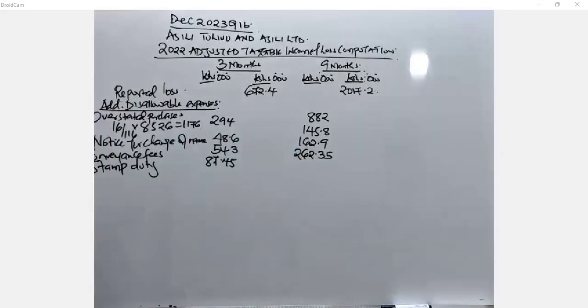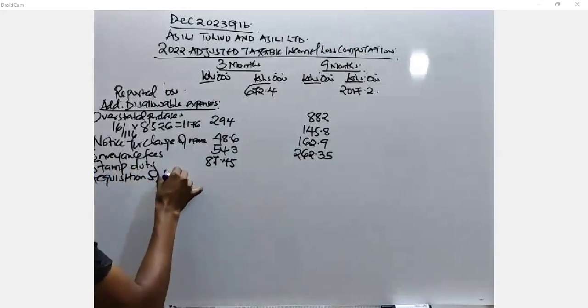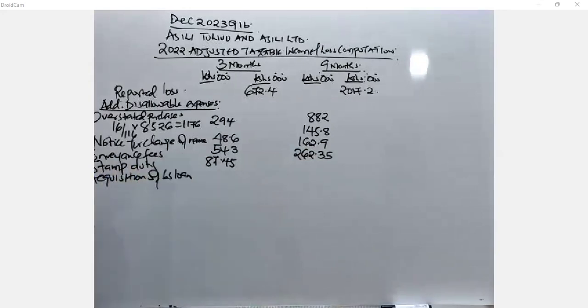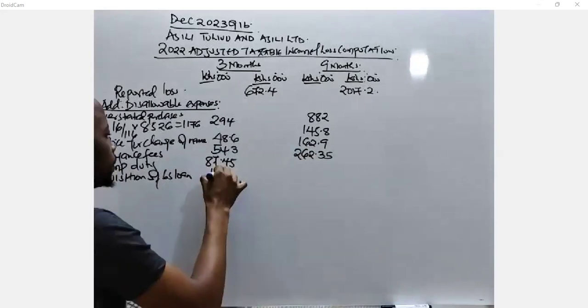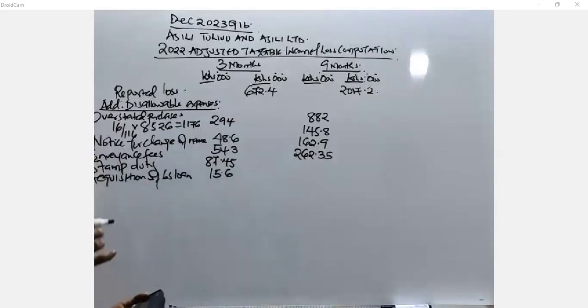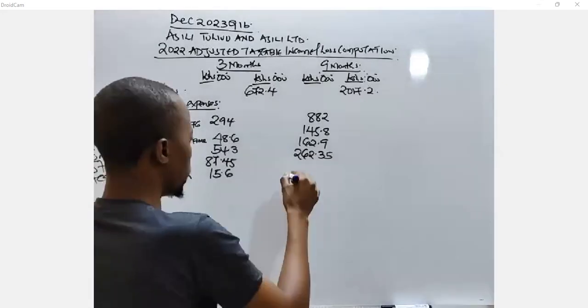Now we have the acquisition of business loan. Right, we might be taking the loan for the partnership. That is 62.4 times 3 divided by 12, 15.6 here. Then the other one will be 62.4 minus my answer, getting 46.8.